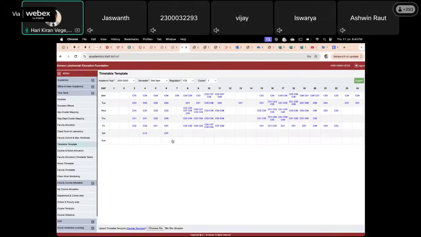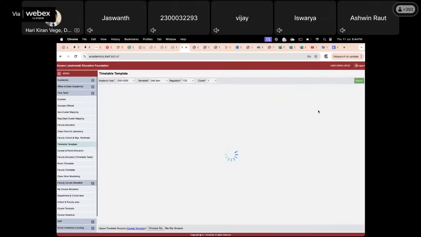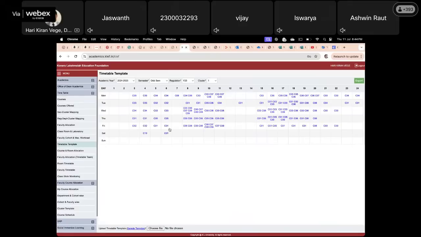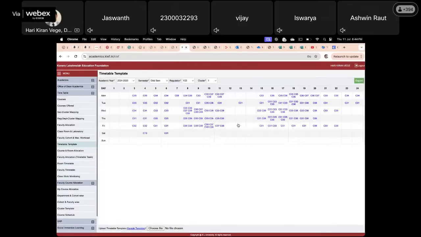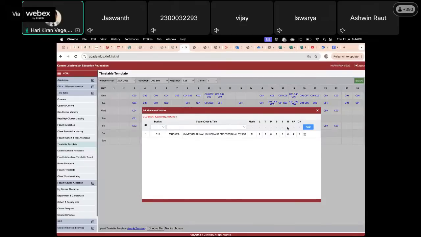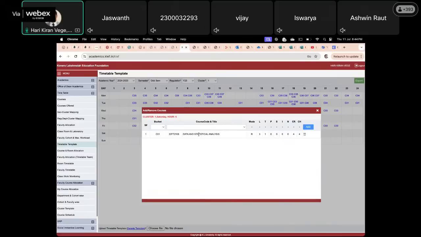When you look at this template, you will observe that Saturday looks pretty empty for me. There are only two courses: one is Universal Human Values, not there for me, and the other is Data and Statistical Analysis, again not there for me.